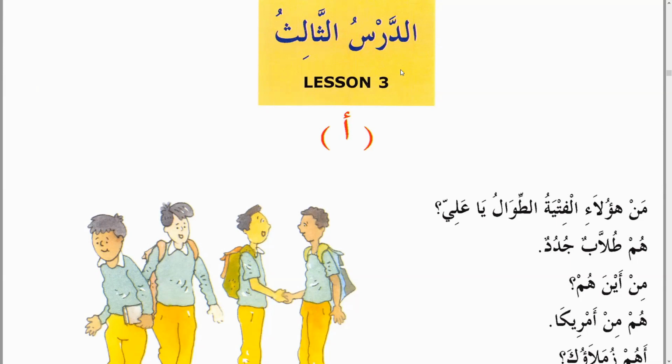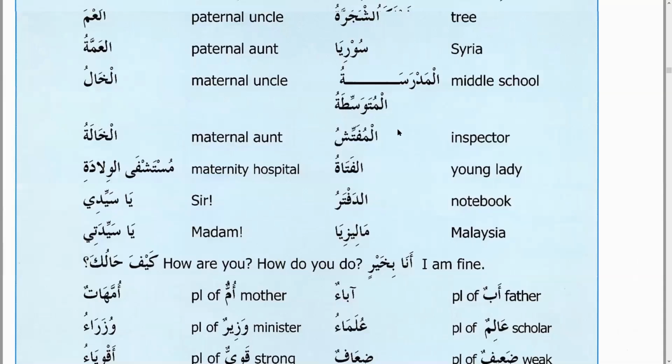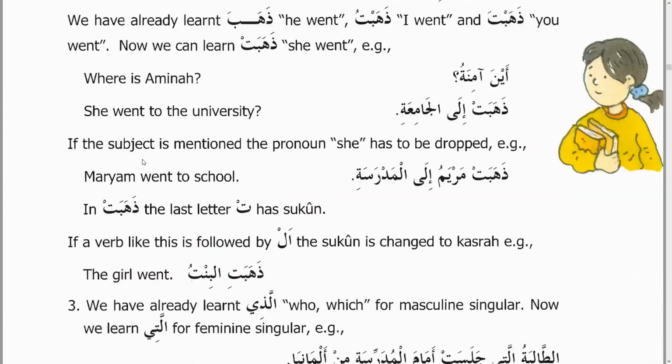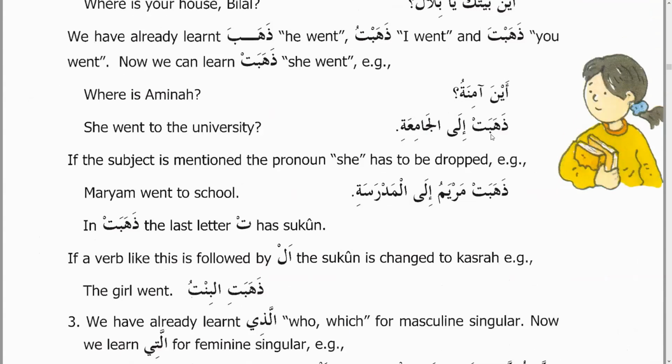Last class we finished lesson number 12, where we did feminine forms such as hazihi, hiya, anti, and all those feminine pronouns. Allati, zahabat, she went, and so on.